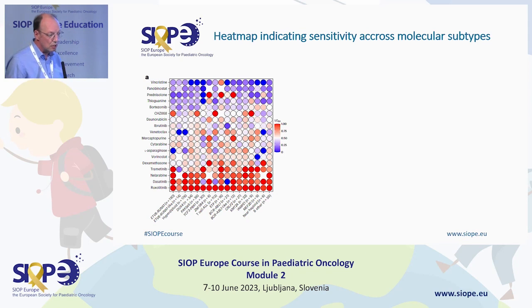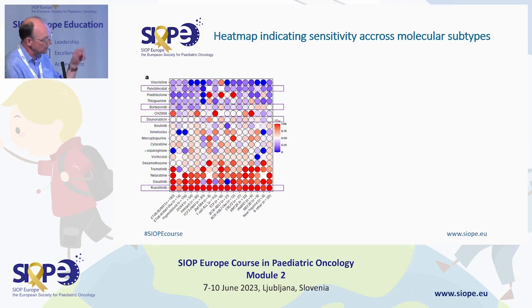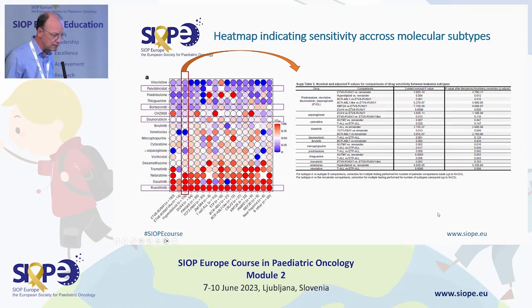There are a couple of drugs that do not show any particular relation with any of the molecular subtypes. Those are the 4 that are indicated here by the square. But there are other drugs that really have a particular group that is related to a particular molecular subtype. You can also look at it differently.